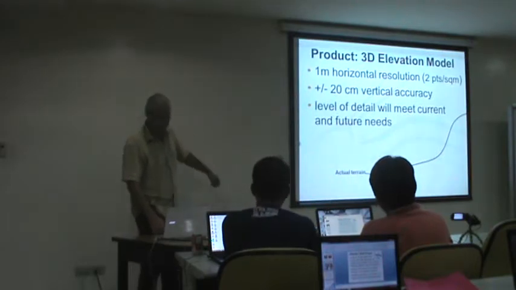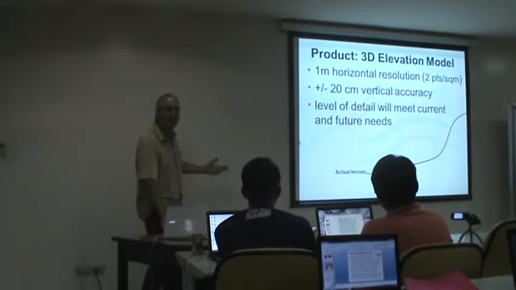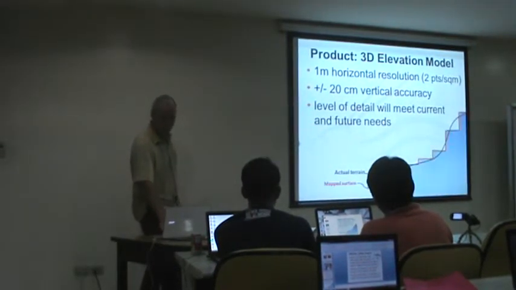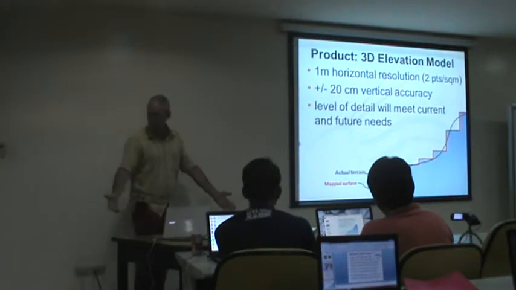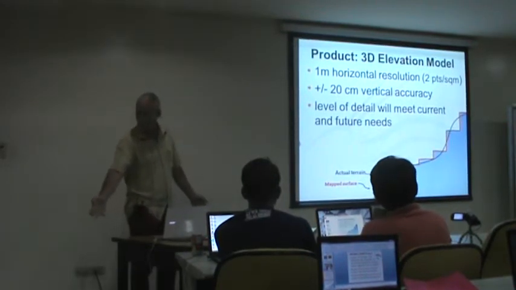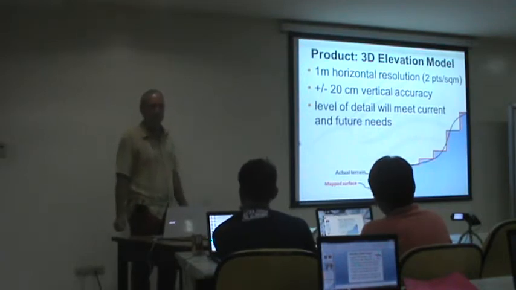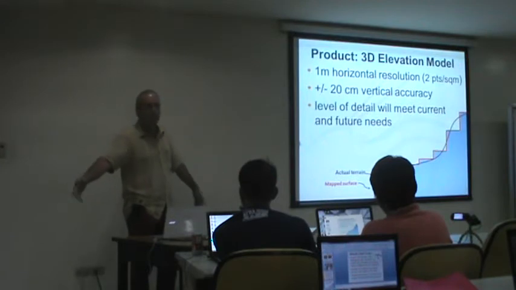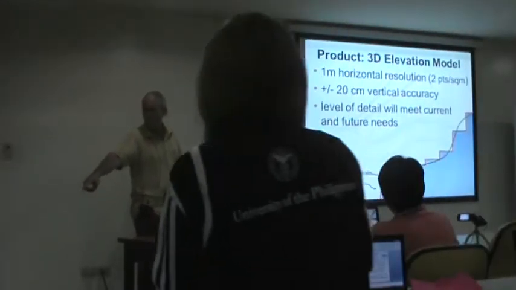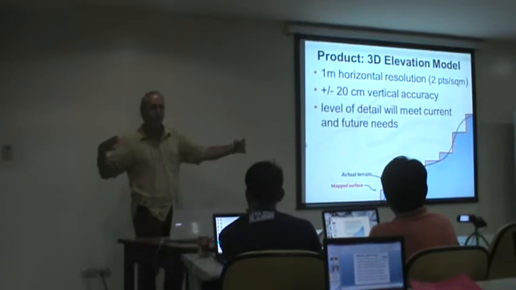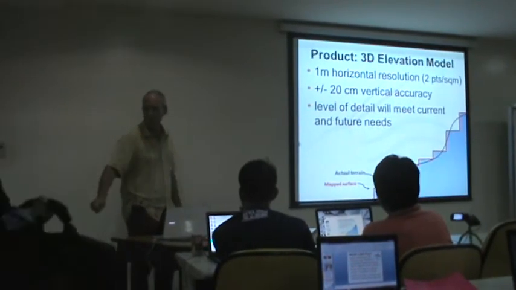Okay, we talked about this briefly. This is the product that's mainly to be generated. Look on the floor: I think these are half meter by half meter tiles. Just imagine you cover the entire Philippines with four of these tiles being one tile, so a little bit bigger tiles, 1 by 1 square meter.